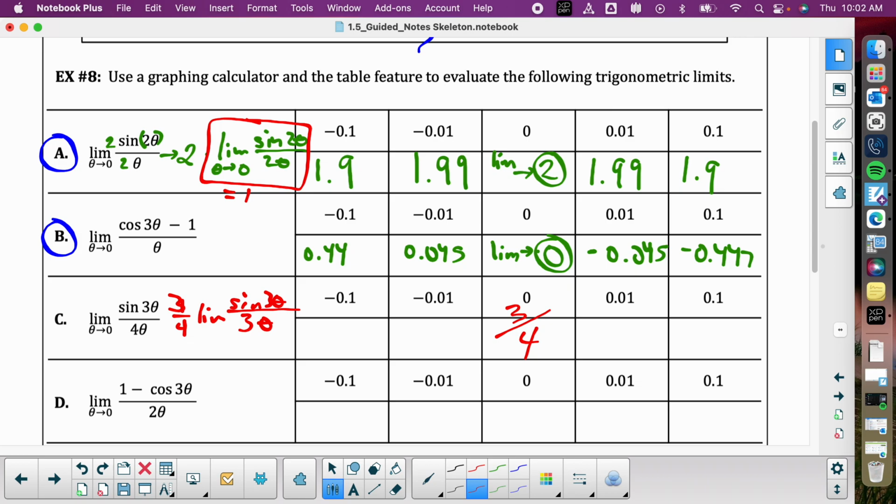So I would have -3 times the limit of 1 minus cosine 3 theta over 3 theta. This is 0, and I don't care what's in front, the answer is 0. So this one's generally easier, because if you spot it, it's 0.